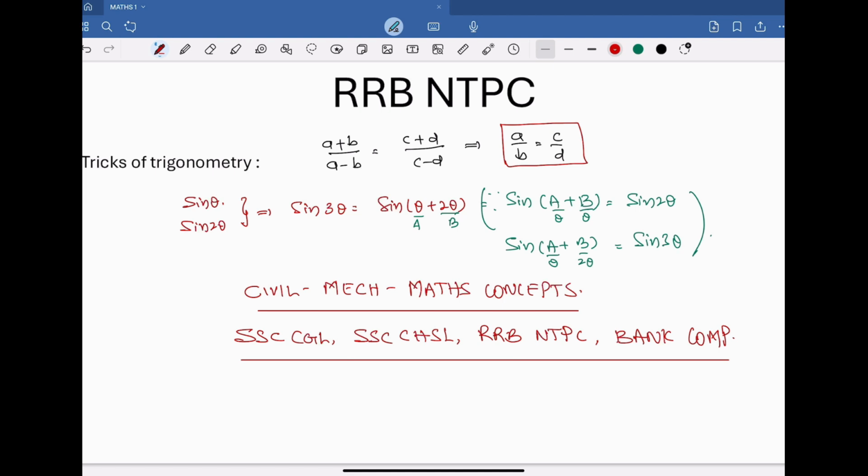And if possible, I will release sin theta, sin 2 theta and sin 3 theta for a day or more, and I will try to prepare MCQs in mathematics on these basic trigonometry identities.